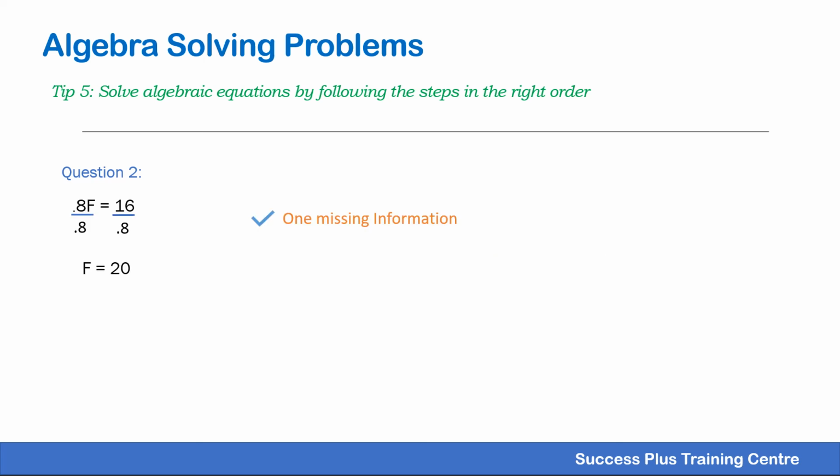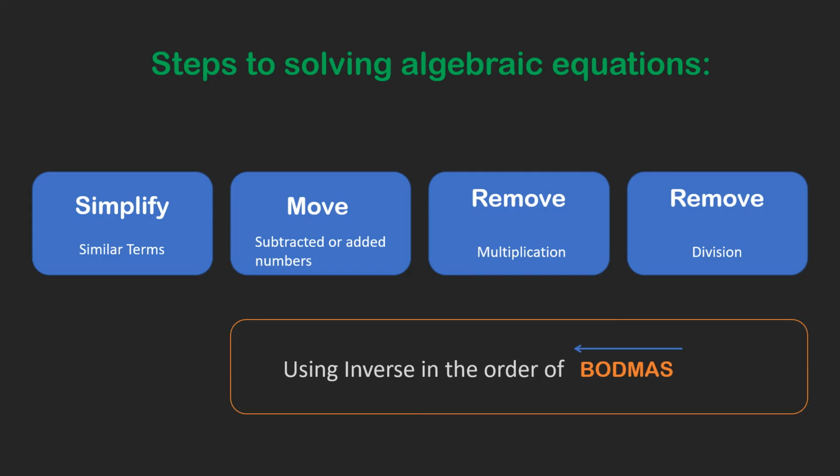This means 0.8f divided by 0.8 equals 16 divided by 0.8. This means f equals 20. If you need assistance to find the value of division fast, then click on the video called How to Divide Smartly.